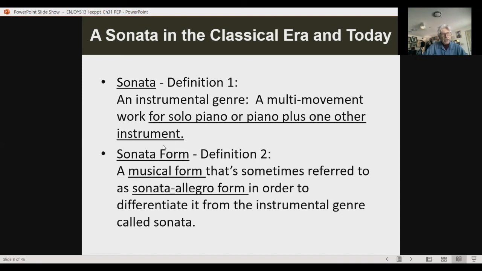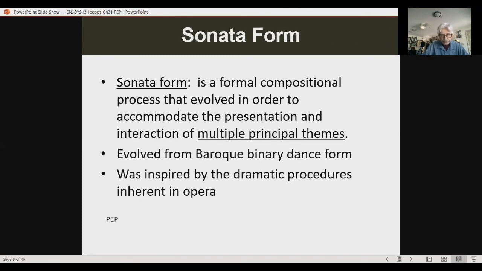So sonata form, also called sonata allegro form, also called first movement form, because so often in the multi-movement cycle the first movement is in sonata allegro form. And that applies to the symphony, the string quartet, a sonata, and also a concerto. The first movement is often sonata allegro form.